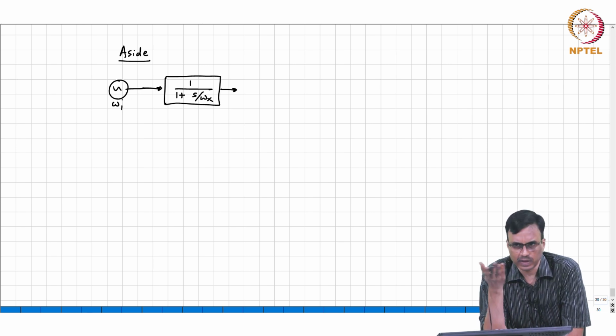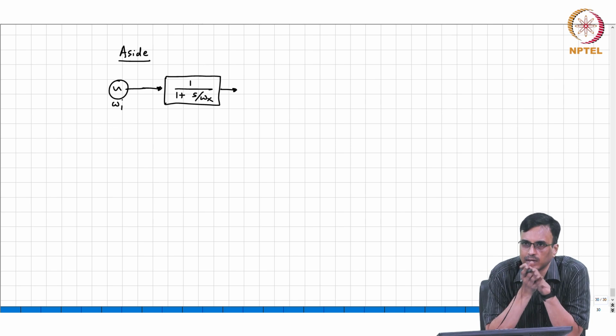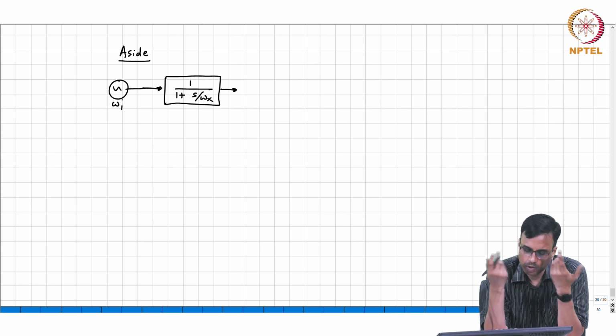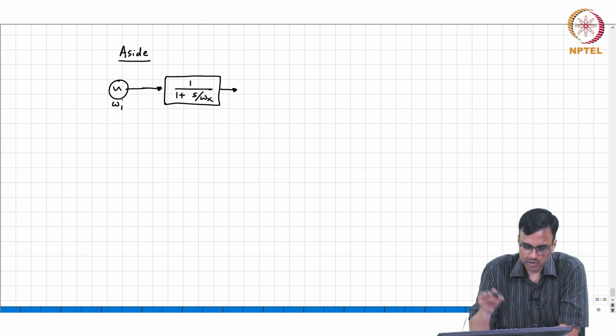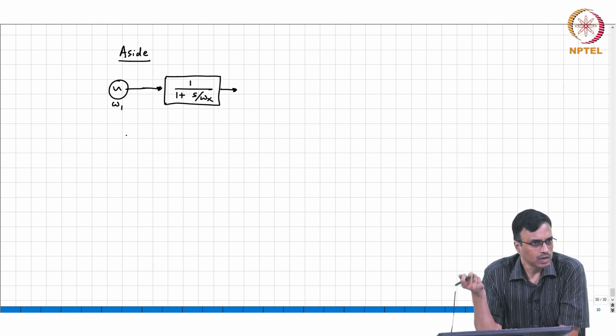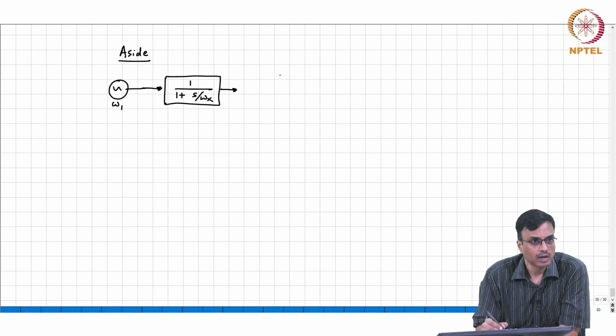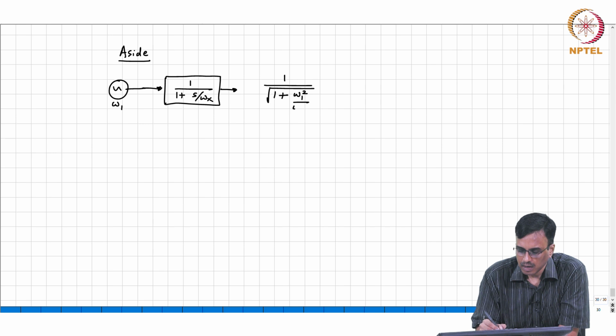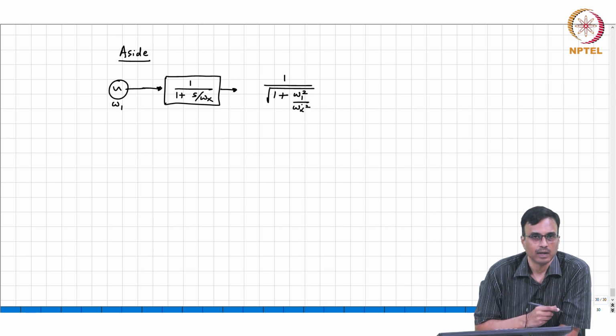There are many ways of doing this. One way is to plop in this sine wave and look at the output. What is the magnitude of the output? It is 1 by square root of 1 plus omega 1 squared by omega x squared.